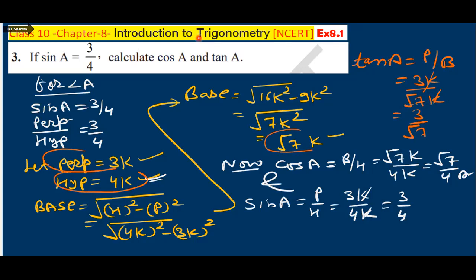So that is 3 upon root 7. So we can say that cos A I can write here. Cos A is equal to root 7 by 4 and tan A is equal to 3 upon root 7. That is the answer of this question.